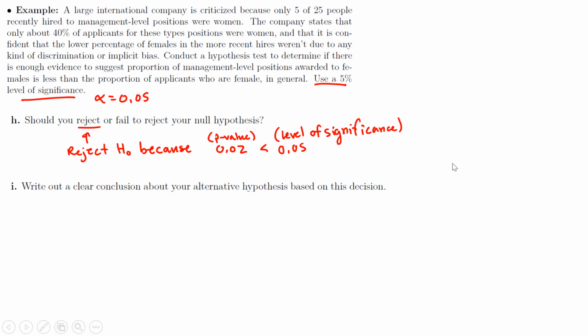And then remember that when we write out a clear conclusion about our alternative hypothesis, we always say either there is or isn't enough evidence for the alternative.